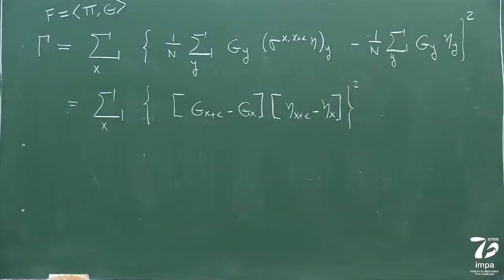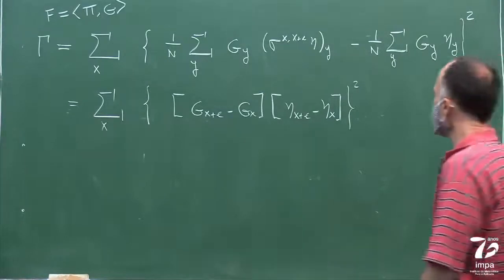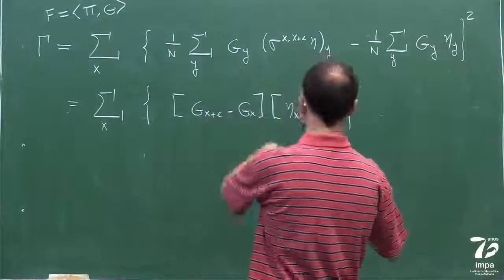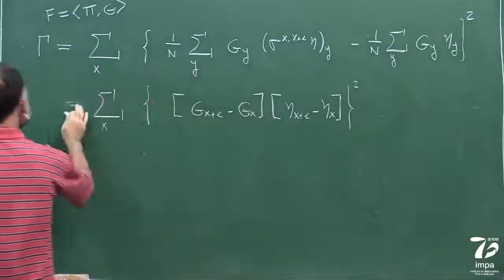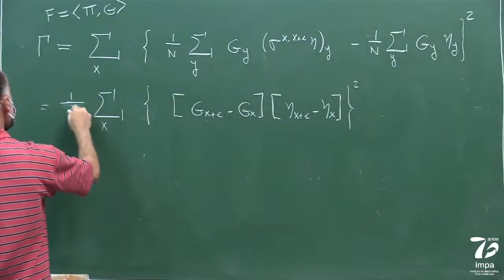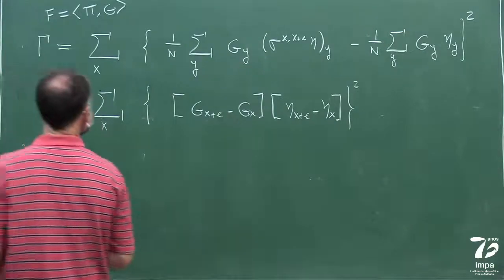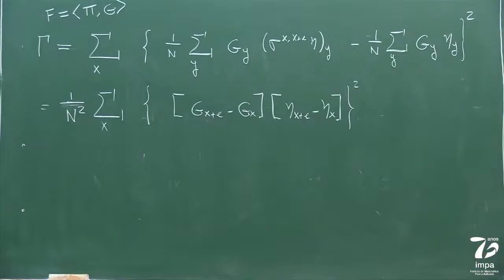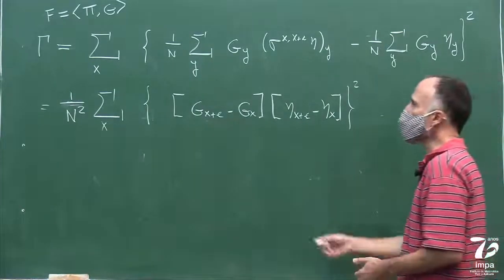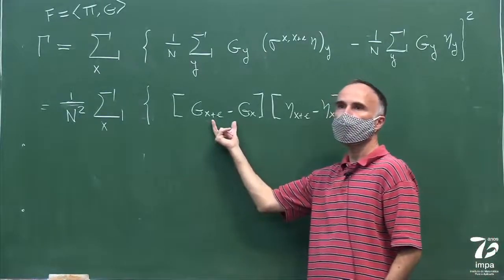And there is a 1 over n which I'm forgetting, so there is a 1 over n squared. Now what is the order of this sum? g is smooth, so this difference is of order 1 over n.